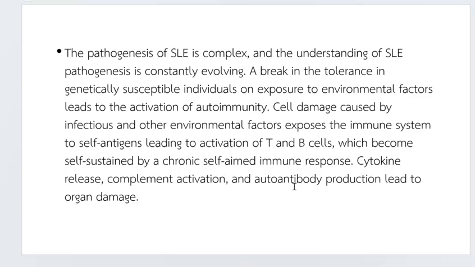A break in that tolerance in genetically susceptible individuals on exposure to environmental factors will lead to the activation of the autoimmune disease. So you have to have both the genetic component that allows it to happen, as well as exposure to something, we think, in the environment that triggers it. Cell damage caused by infectious and other environmental factors will expose the immune system to self-antigens, right?